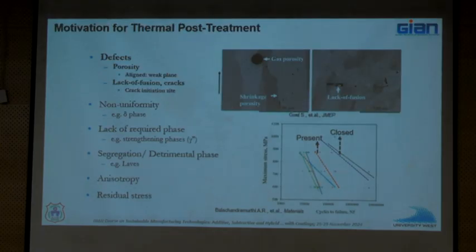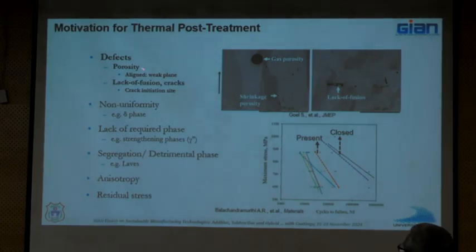So, motivation for thermal post treatment, I can give many reasons. One is defects. No matter how much you optimize your AM process, there are defects which are going to be inevitable, right? Some applications can live with those defects, some cannot. But what can those defects be? That could be porosity.